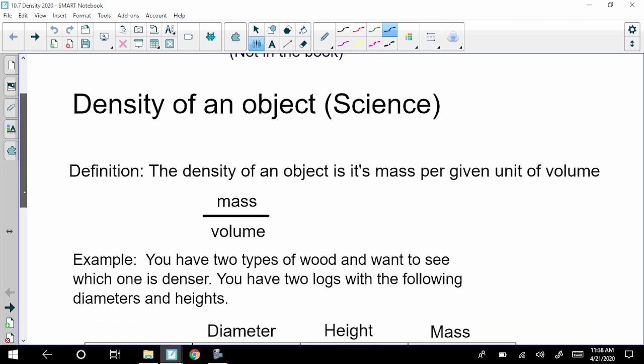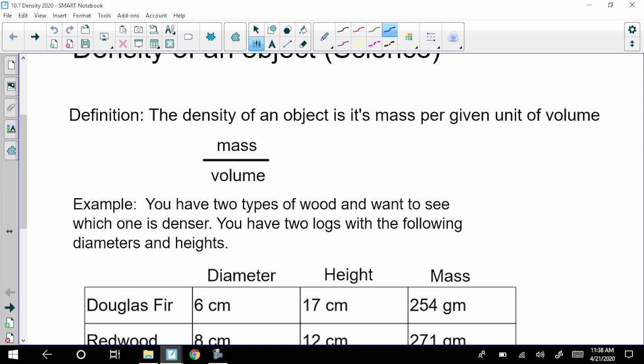The density of an object is its mass per volume. And with density, one of the ways we'll look at this is, does something float? If our mass is in grams and our volume is in cubic centimeters, we get grams per cubic centimeter.